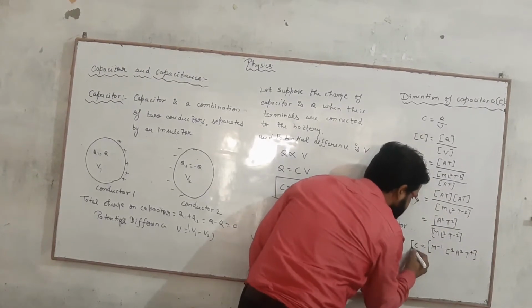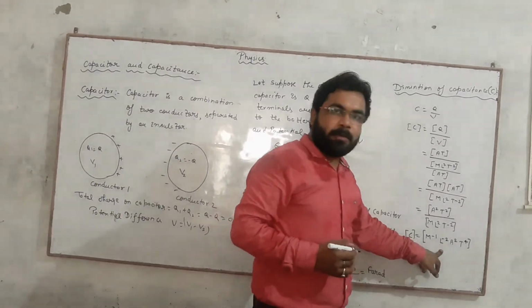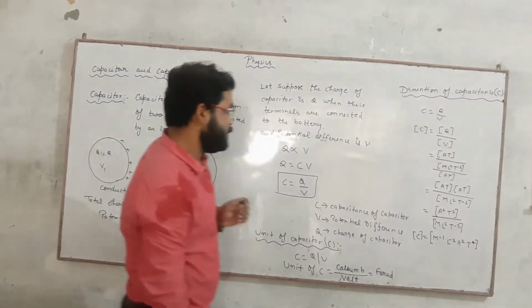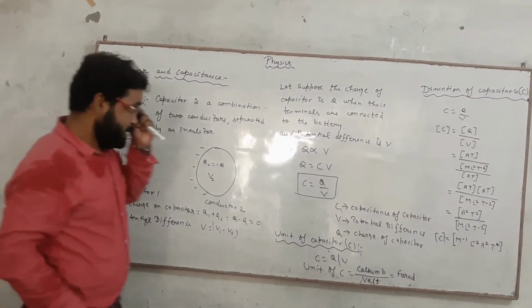So the dimension of C is M⁻¹L⁻²A²T⁴. This is the dimensional formula of C.